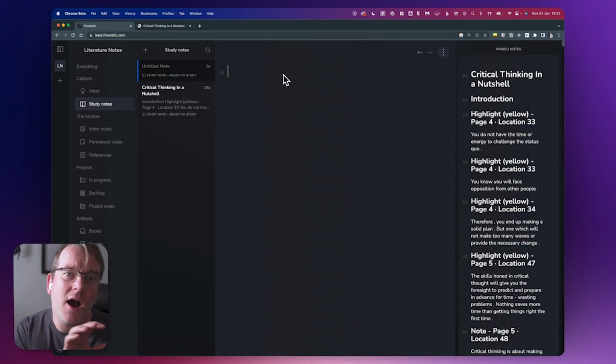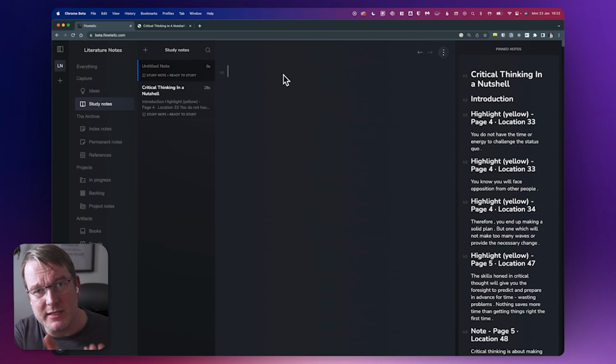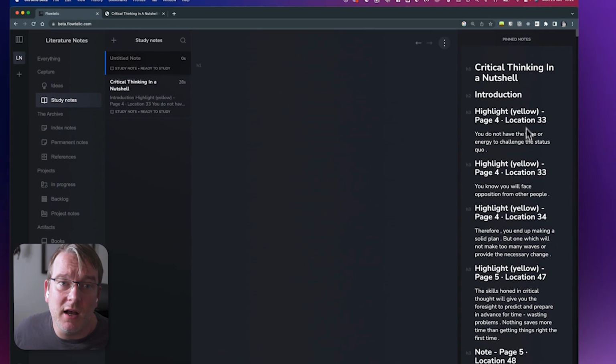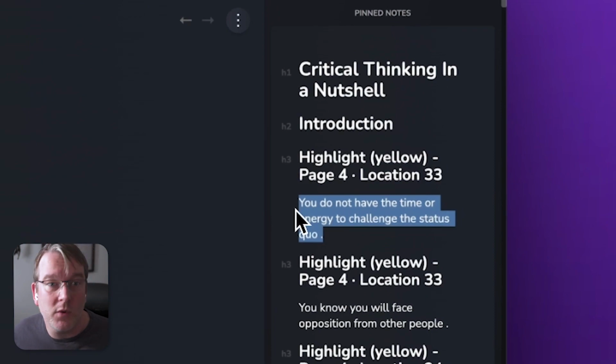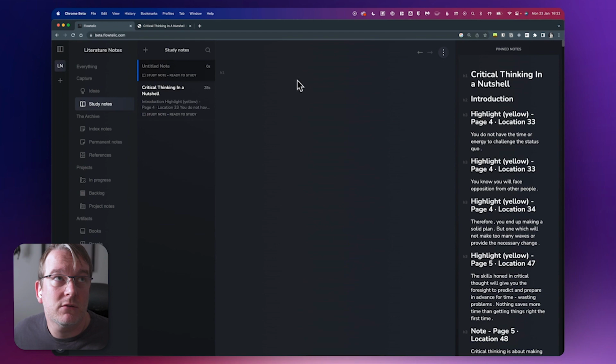So one of the challenges is how to create these atomic notes. So I've got a comment here, a highlight here that says, you do not have the time or energy to challenge the status quo. And what that means in the context is that when you're discussing things, when you're in the flow of conversation, people will use certain narratives of how something should be, which is sort of the consensus, the status quo.